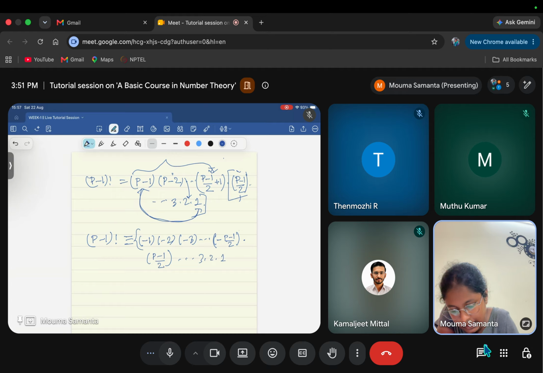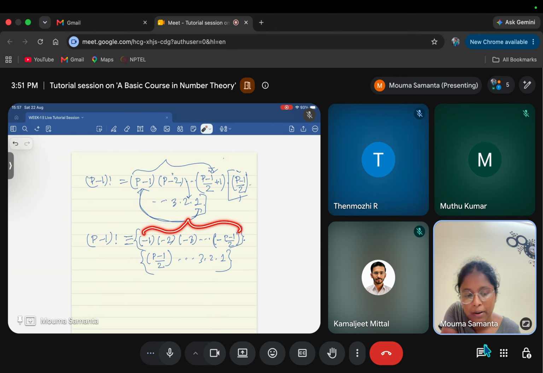So in this set and in this set all elements are the same, but in this set the elements are minus 1 times elements of this set.